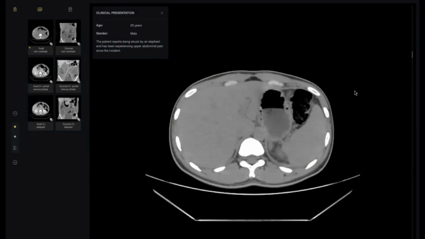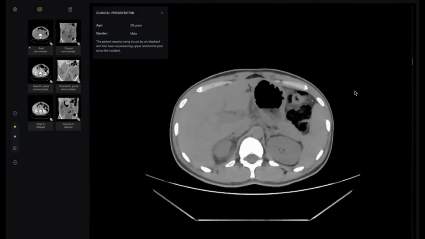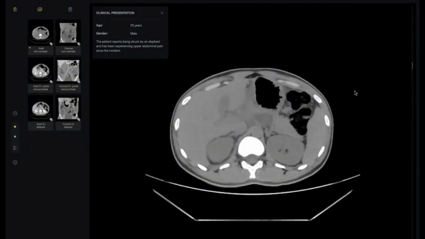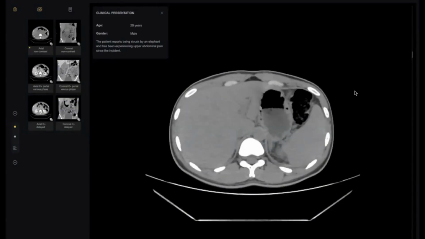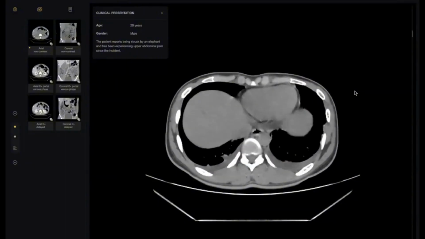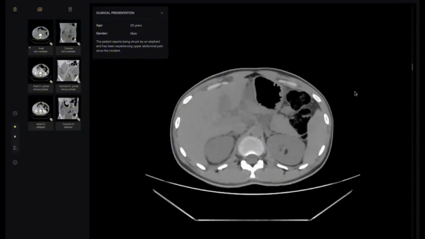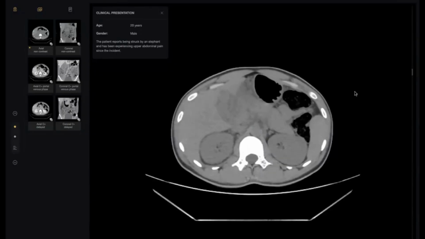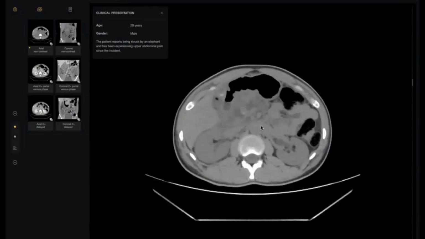Then as I scroll down, in the confinement of the non-contrast study, the spleen, liver, and kidneys appear to be unremarkable. The stomach is partially distended, and there is heterogeneity in this area.